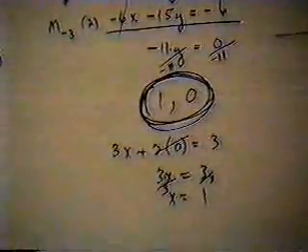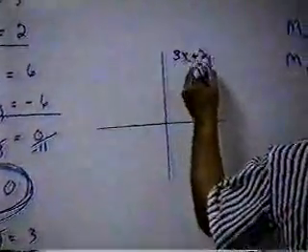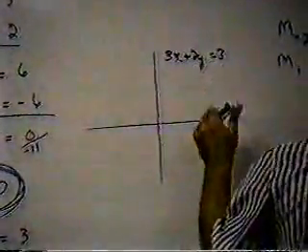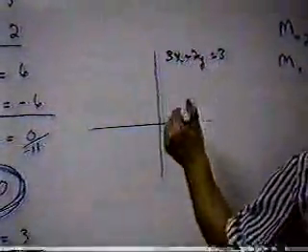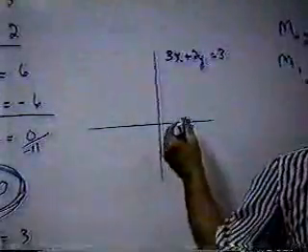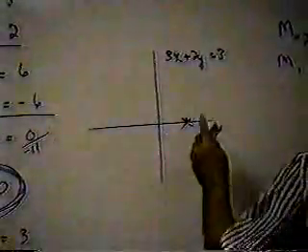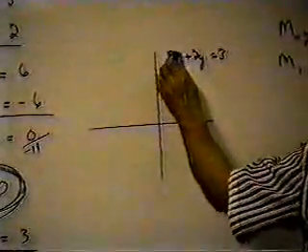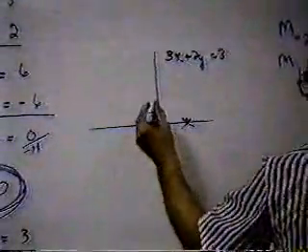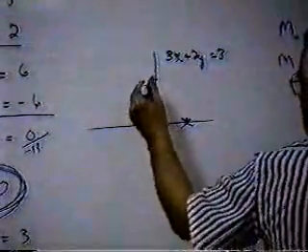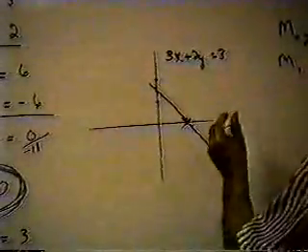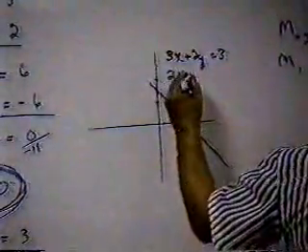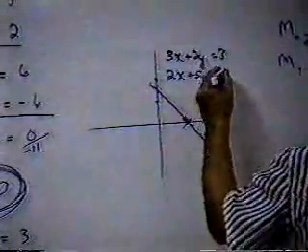Well, let's look at that graphically. Okay, again we have 3x plus 2y is equal to 3. So if I put my hand over y, I get x equals 1. So 1, 0. If I put my hand over the x, then y is 1.5. So y is 1.5, and so I get that line. All right, let's take the second equation, 2x plus 5y is equal to 2.